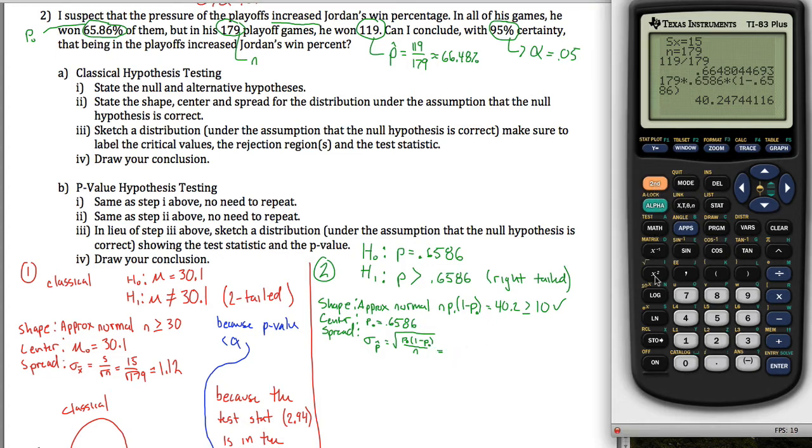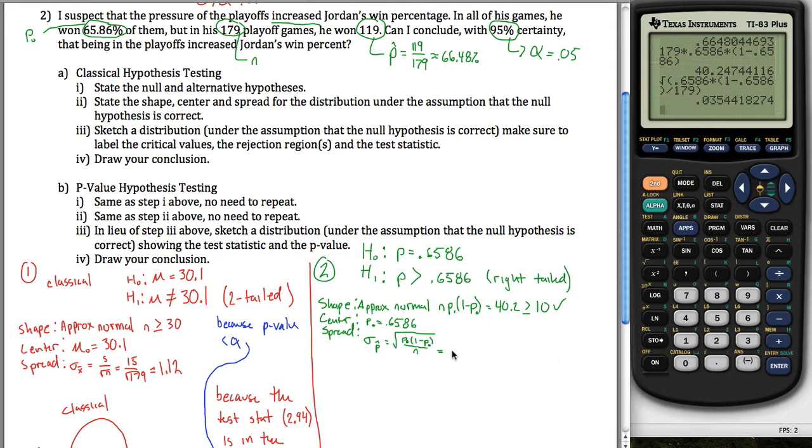We want the square root of 0.6586 times 1 minus 0.6586 divided by N, which was 179. Square root of that times that divided by that. You could close your last parentheses if you want to, doesn't matter. And you get this value, 0.0354.